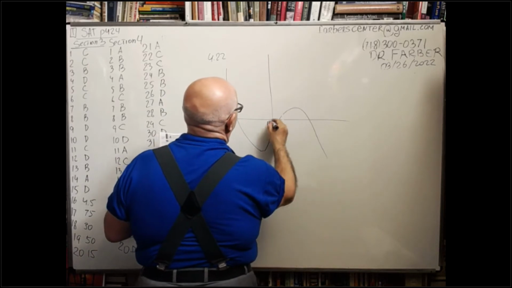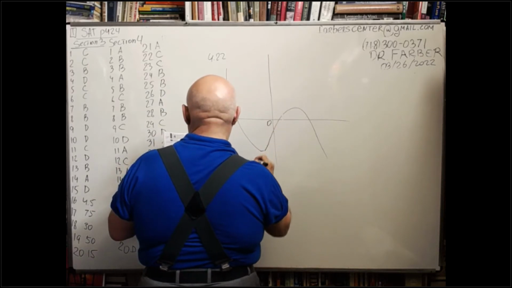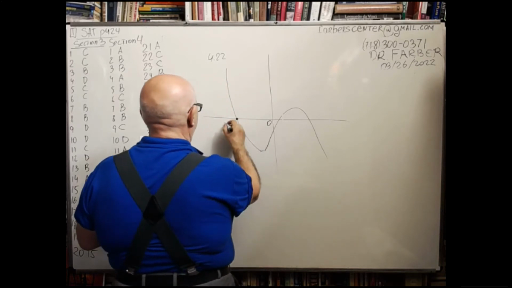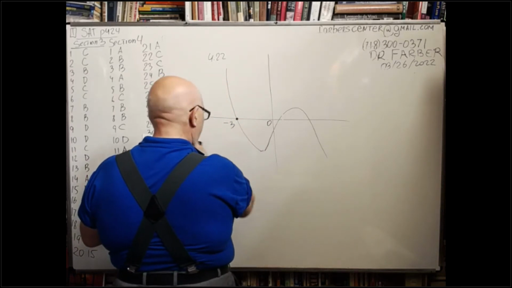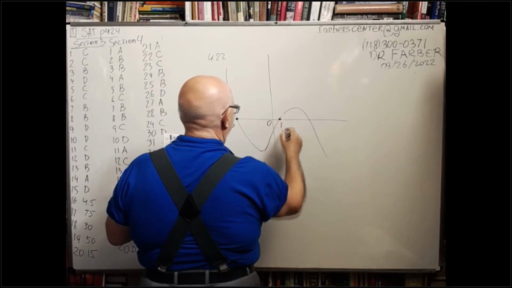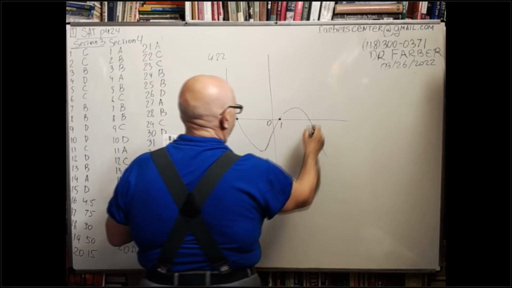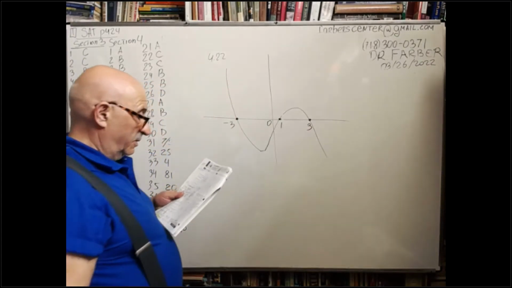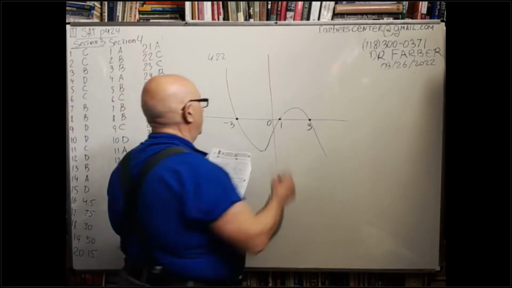This is 0. And this point, look on your graph, it's -3. This is 1. And this is 3. We are given this graph, this f of x.